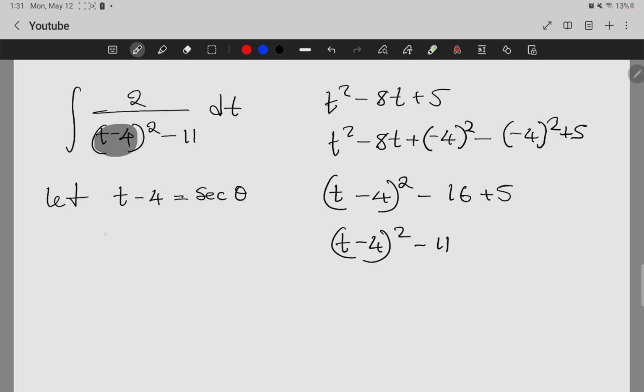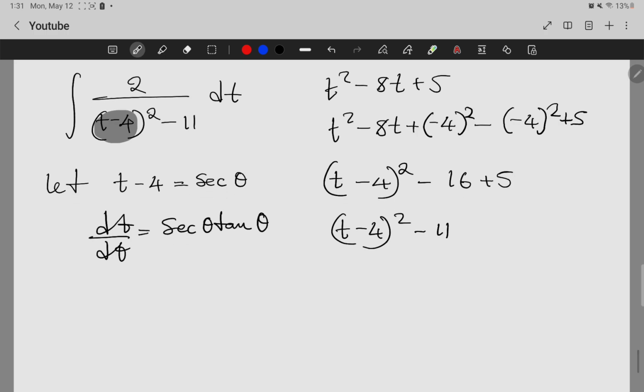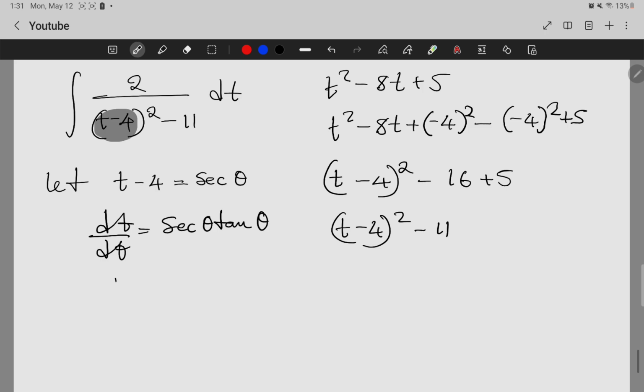So that when you differentiate, dt d theta, the derivative of 4 will be 0, and the derivative of sec theta is going to be sec theta tan theta. That is going to be our derivative there. So dt will have to be equal to sec theta tan theta d theta.